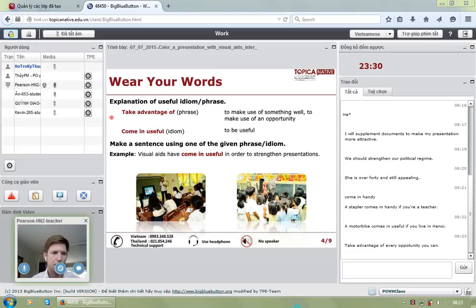Okay, so if you guys have an idea, can you make a sentence with one of the idioms? Yes. You should take advantage of using PowerPoint to appeal your students. Yes, perfect. That is a very good sentence.